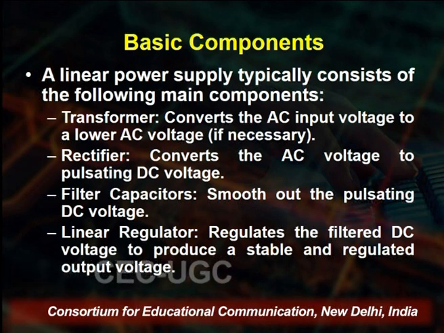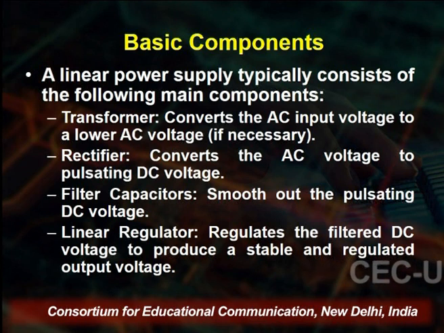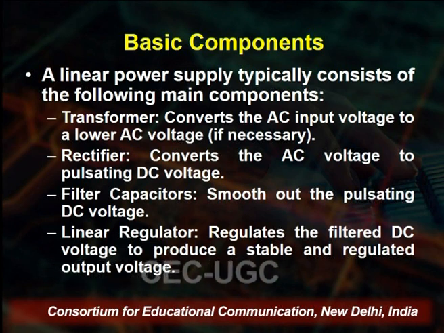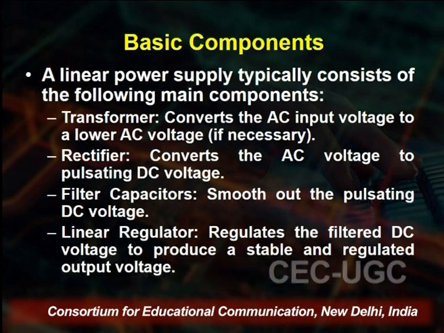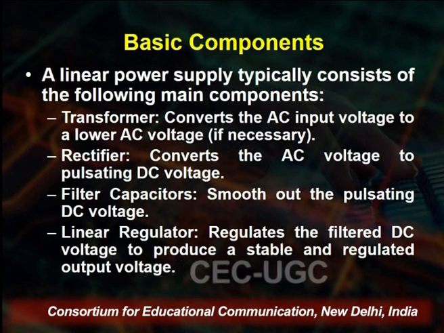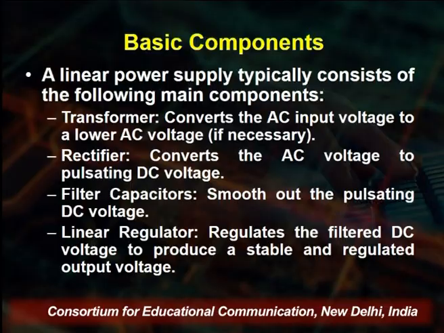Filter capacitors smooth out the pulsating DC voltage. What is the function of the linear regulator? It regulates the filtered DC voltage to produce a stable and regulated output voltage. So these are the basic components used in the linear power supply: transformer, rectifier, filter, linear regulator.